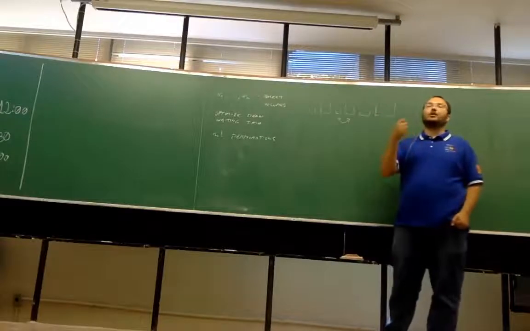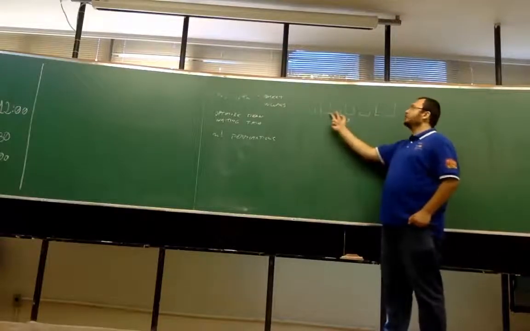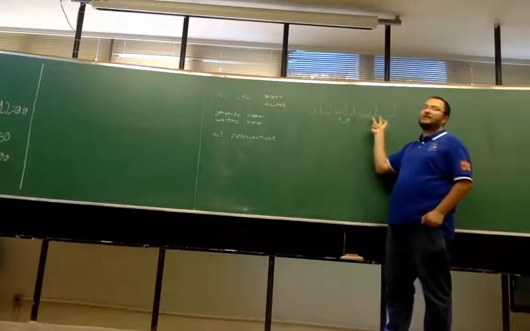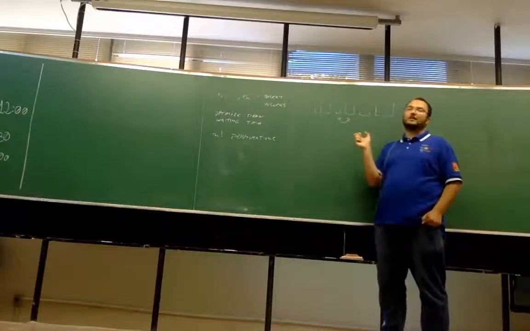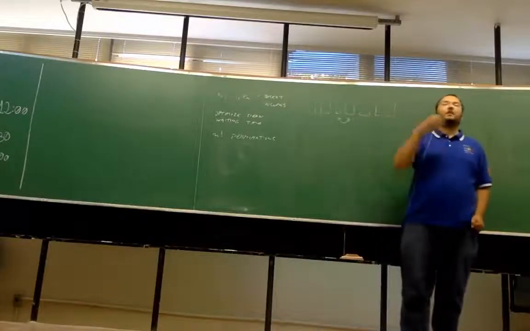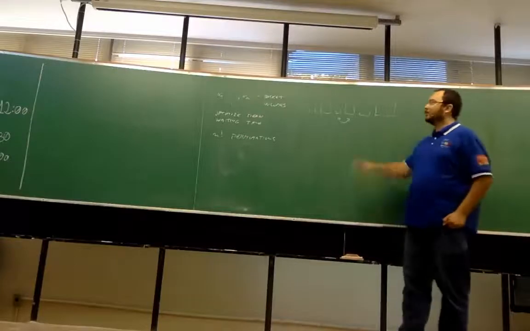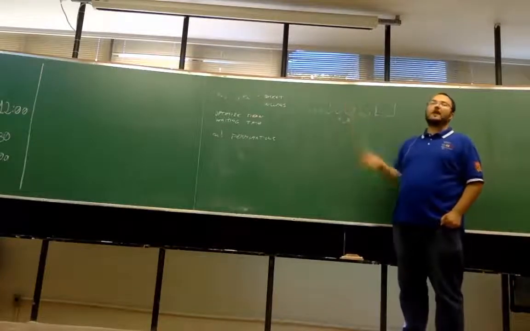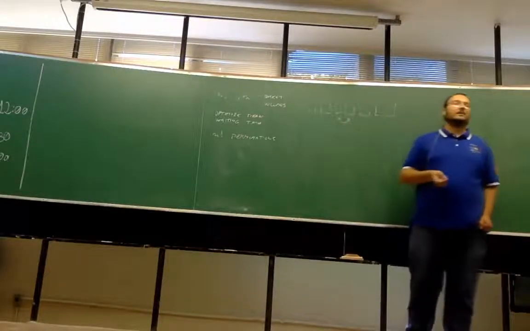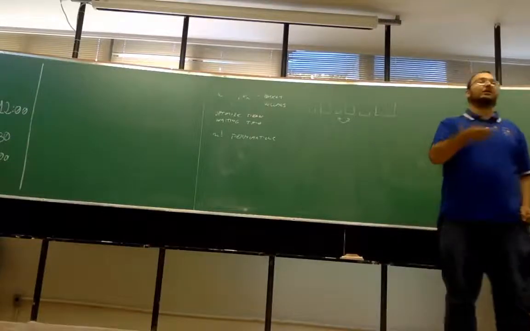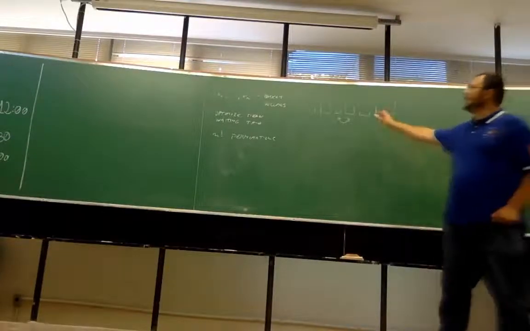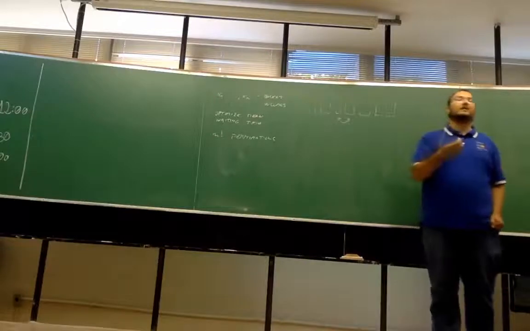So the optimal order has the property that each pair of consecutive elements is in the right order. So if you want to have the optimal order, you cannot have a pair of consecutive elements that are swapped. And you can start looking for a greedy solution by looking at this particular property, by examining when this is true.